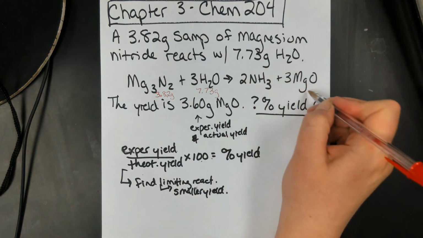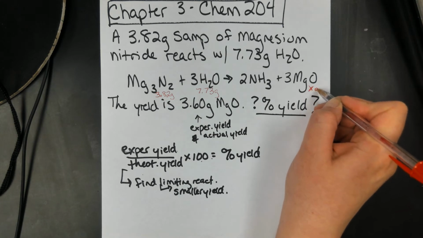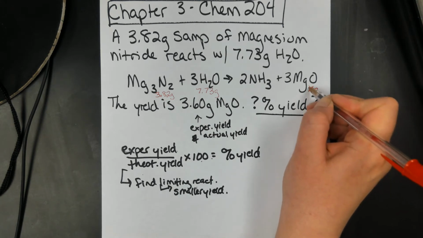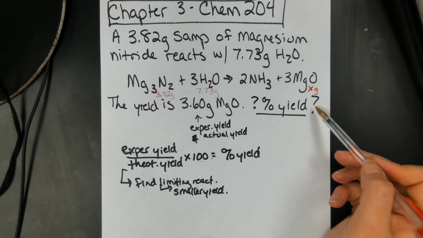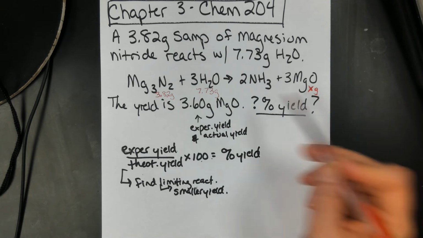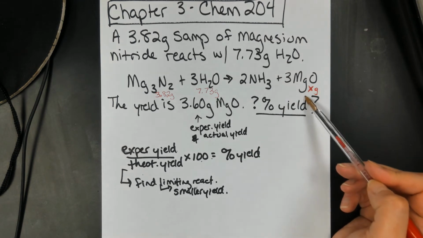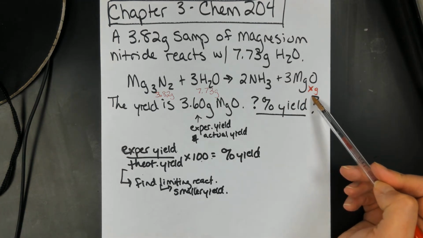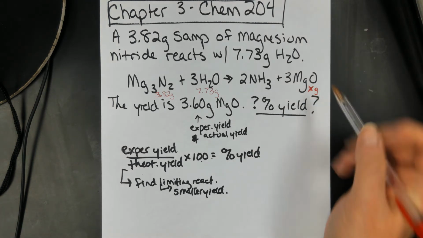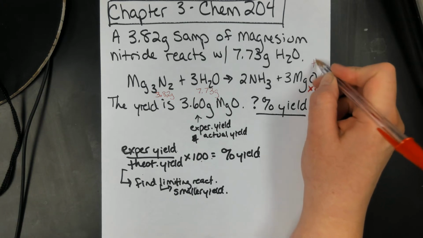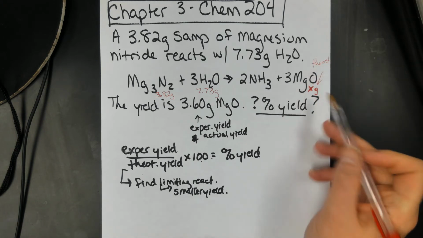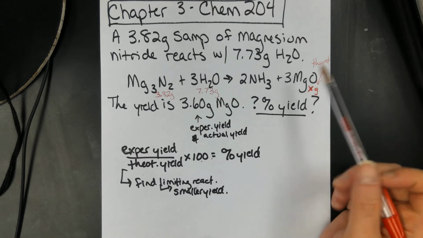I'm going to put an X over here because I don't know how many grams of magnesium oxide I'm expecting. I know I have 3.82 grams of this, 7.73 grams of this, and I need to know how much I'm expecting of this as far as theoretical yield goes. This is us finding the theoretical yield.